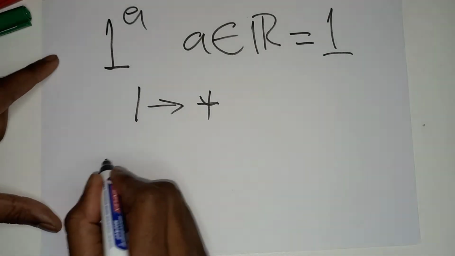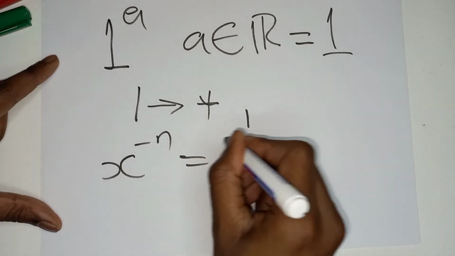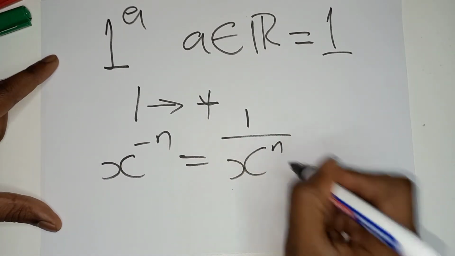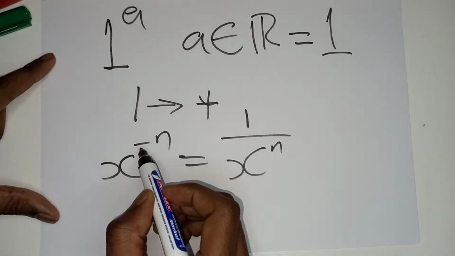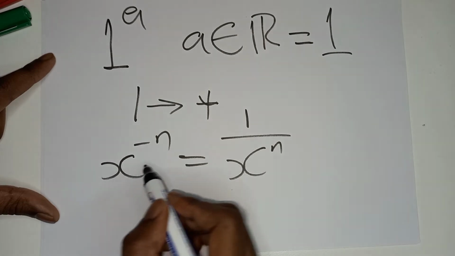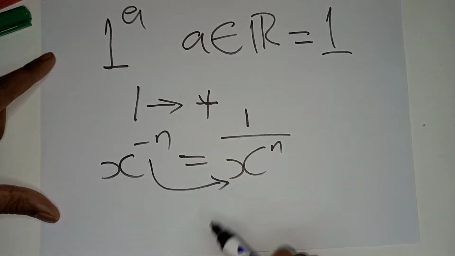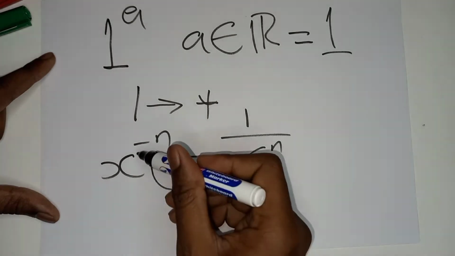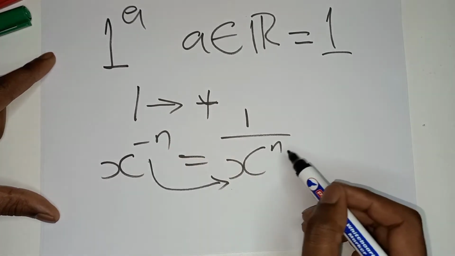The other one is one that goes both ways. It says if I have x to the exponent of negative n, then I can write this as 1 over x to the n. So if I have any exponent, I convert it to a fraction where the exponent goes to the denominator and the sign of the exponent changes.